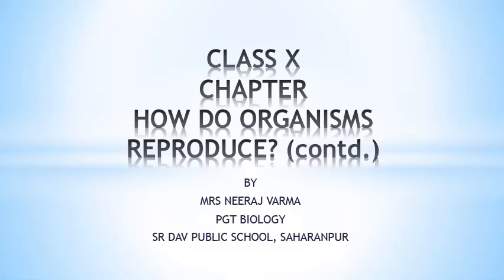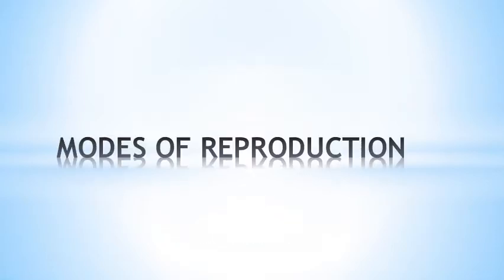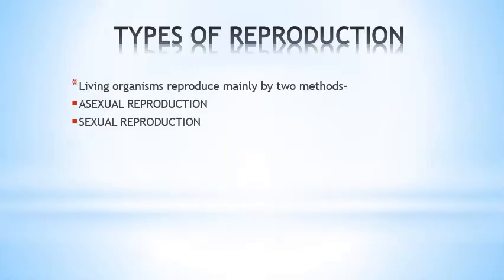We are continuing with our same chapter, how do organisms reproduce. In our last chapter we discussed what is reproduction, what is DNA copying and variation. Today we are going to discuss modes of reproduction, meaning the types of reproduction.